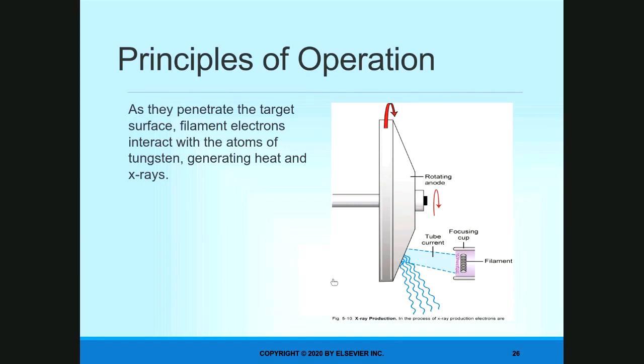Okay, so these photons right here are created from Brems interactions and characteristic interactions. And literally chapter 6 is everything that happens right here. Chapter 5 is just telling you about the X-ray tube and how it takes place. Chapter 6 is telling you what goes on right here. So you've got the X-ray tube. You can see right here they've drawn a little electron cloud.